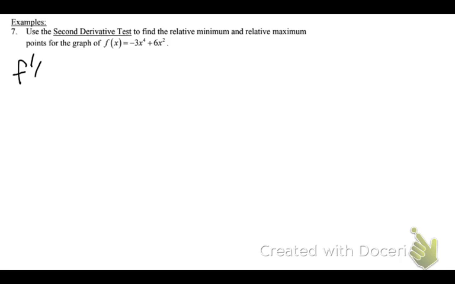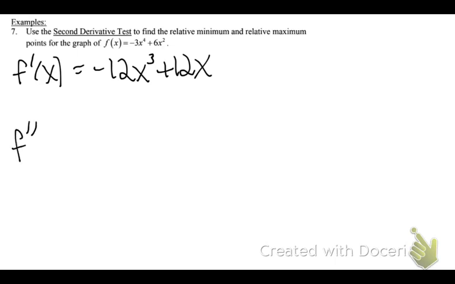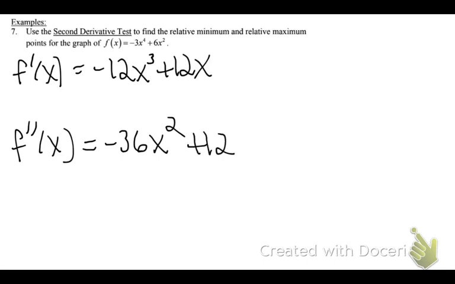So f prime of x is negative 12x cubed plus 12x. And our second derivative, and I left a space there because we need to find the critical numbers from the first derivative, will be negative 36x squared plus 12.